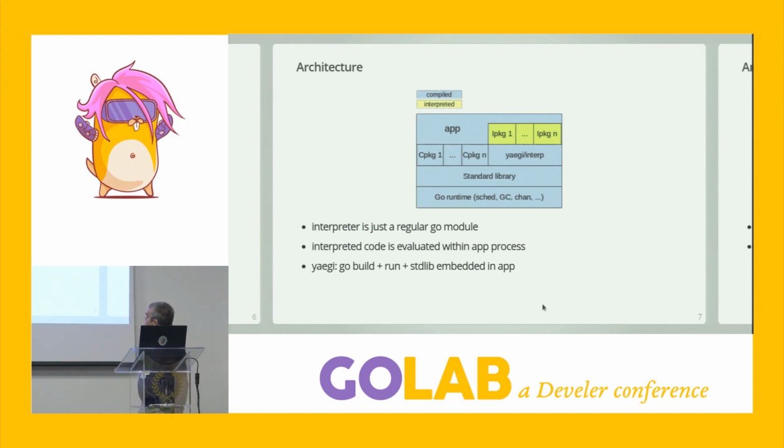And in green, you have all the code that will be interpreted within the YAEGI interpreter. But it's exactly the same code, at least at source code level, as the compiled package. In fact, one of the goals was to be able to move some code from a compiled status into interpreted status or the reverse.